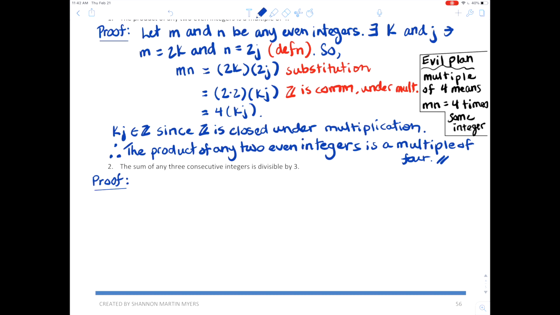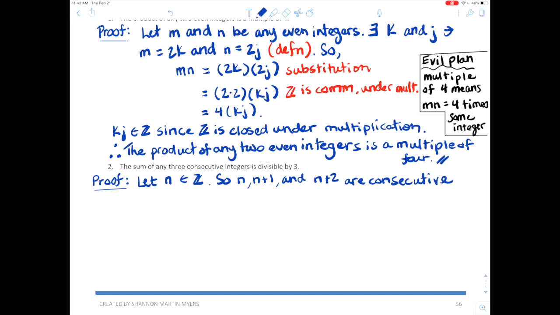So since I think it's true, I need to do this in general. So I need an integer. So let n belong to the integers. It can be any integer, all right? So n, n plus 1, and n plus 2 are consecutive integers. We know they're integers because why?